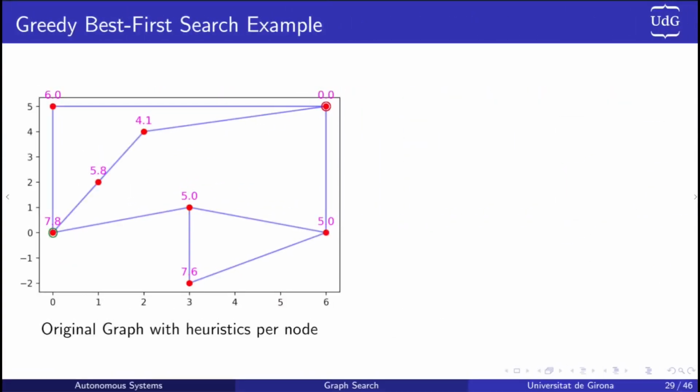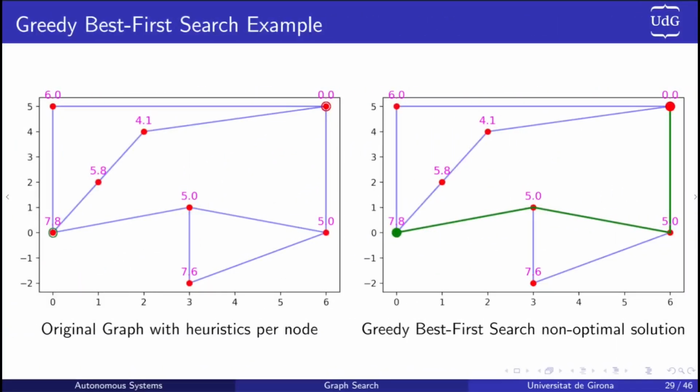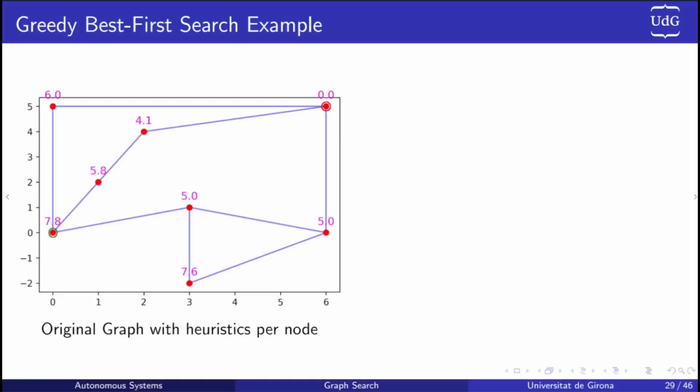Here there is a very simple example of it. We can try to do it if you want. What is indicated here in pink is the heuristic. What I don't have here is the real value, because I don't care about the real value.